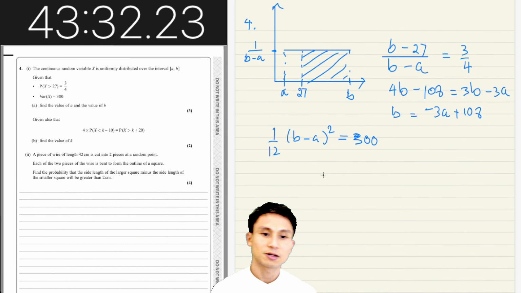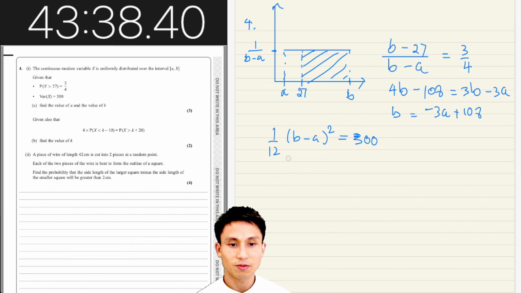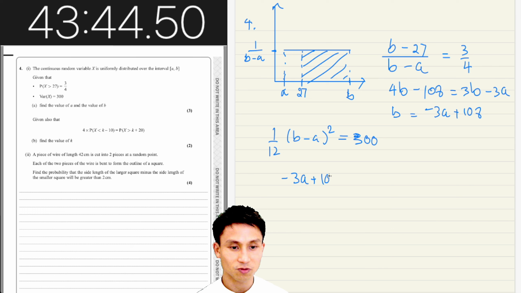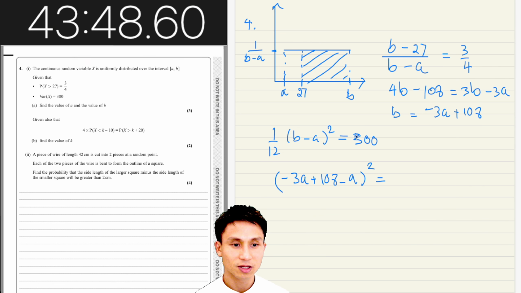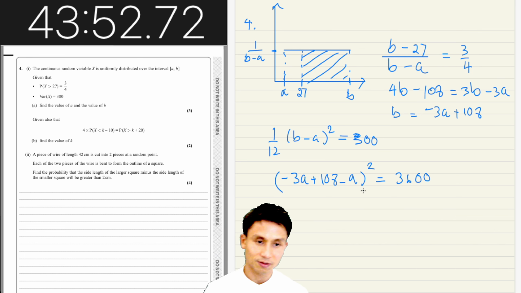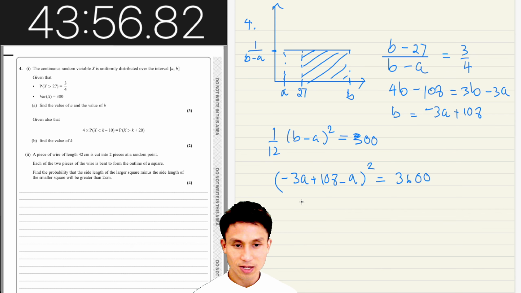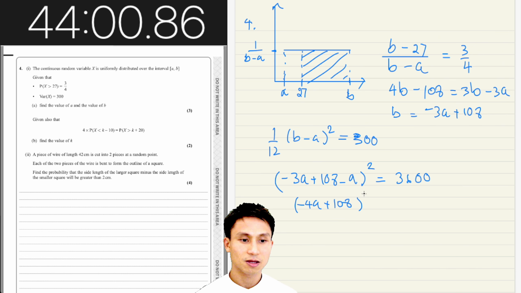All right, so if we maybe substitute b in terms of a in there, let me move 12 to the other side. So, while substituting b in terms of a, I get (minus 3a plus 108 minus a) in the bracket squared equals 12 times 3 is 36 and add 2 zeros. Yeah, just 12 times 300 there. Okay, so this is (minus 4a plus 108) squared.